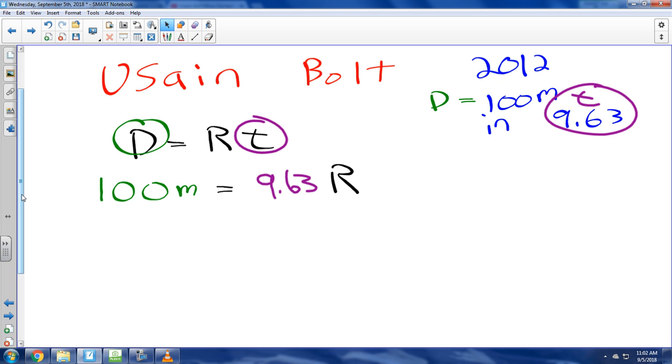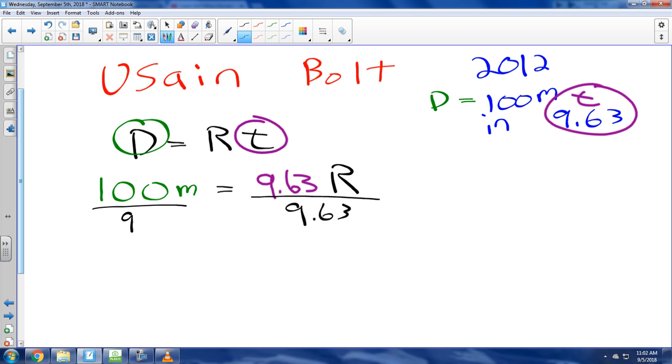How do we get the r alone? Yes, Tyler? How do we get rid of the 9.63? Divide it, because it's multiplied right now.